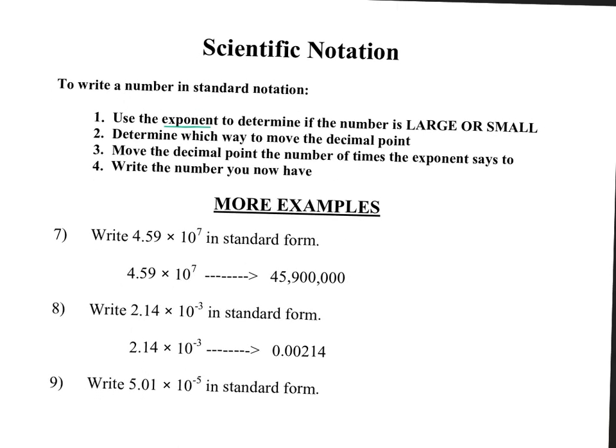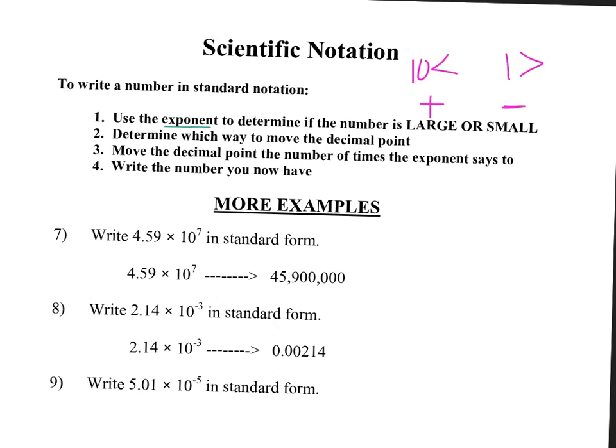So remember, a positive exponent tells us that it is a large number, meaning that it is greater than 10. A small number is going to have a negative exponent, meaning that it is less than 1. Once you've determined if it's big or small, you're going to determine which way to move the decimal.